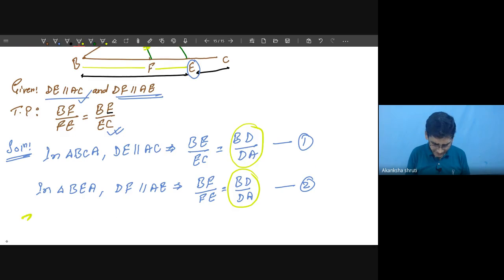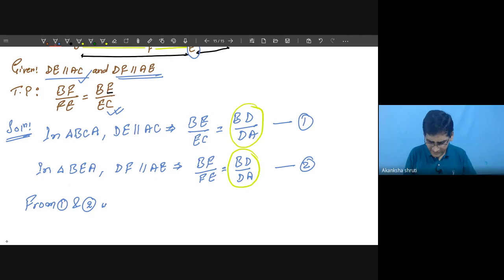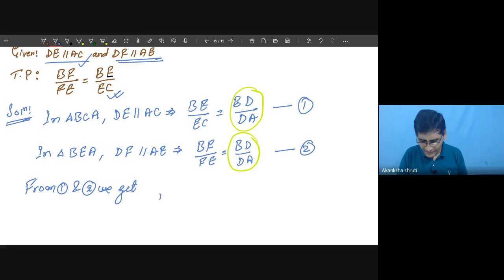So from 1 and 2, what can we get? Directly you can write the ratios. Once you have written the ratios, directly you can equate them and write it.